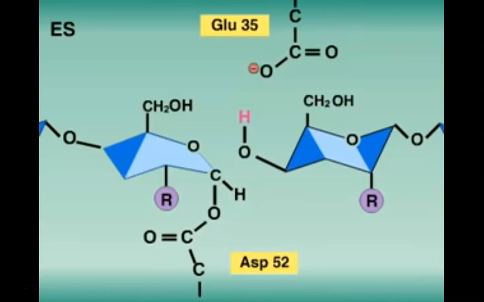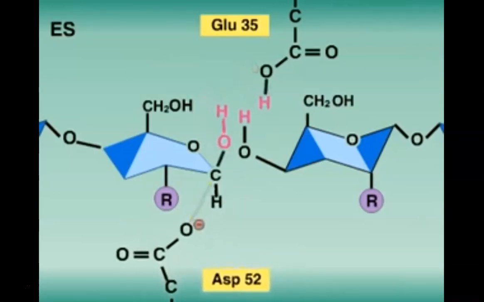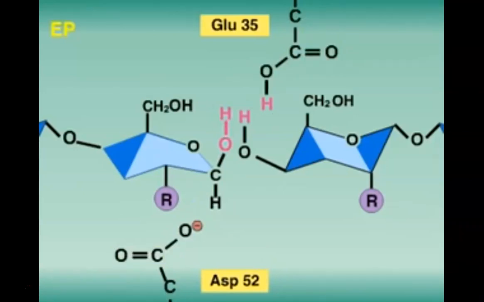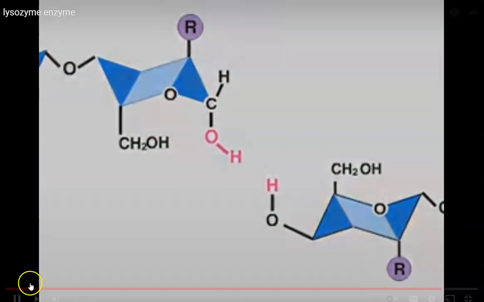The deprotonated glutamic acid then polarizes a water molecule, drawing a proton away from it. This allows the water oxygen to attack the C1 carbon, breaking the sugar aspartate bond. In this way, the two amino acids are returned to their original states, forming the enzyme product complex. The enzyme and products dissociate.